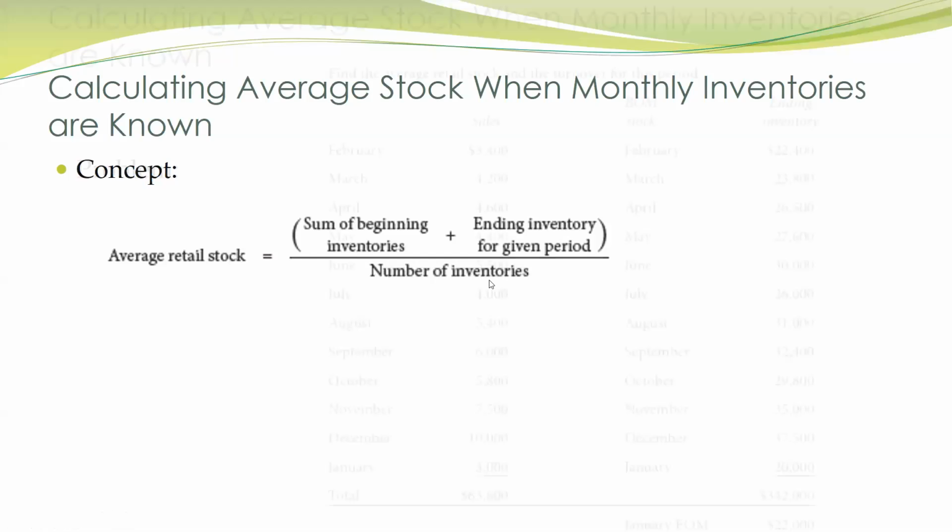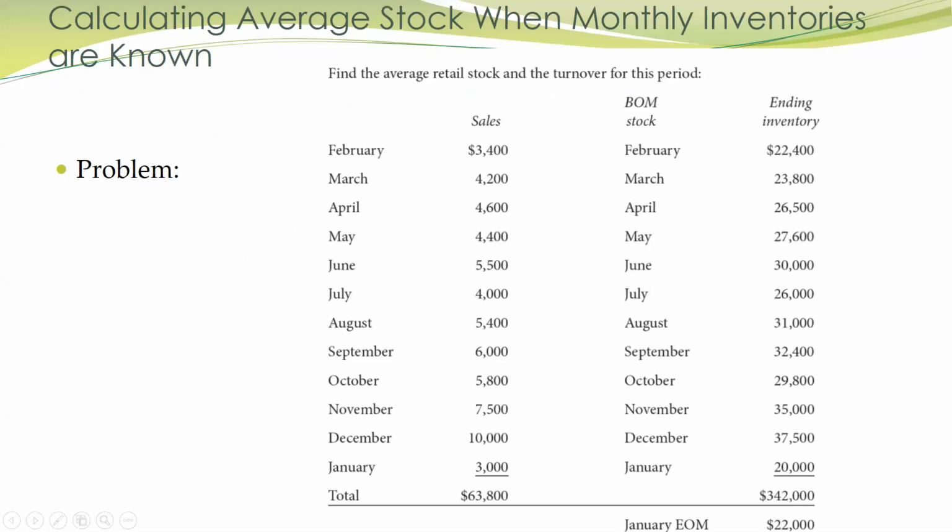For example, I know it looks really big, don't get scared, but this is for an entire year. This is your sales, this is your BOM stock for all the 12 months, and then there is a January EOM.